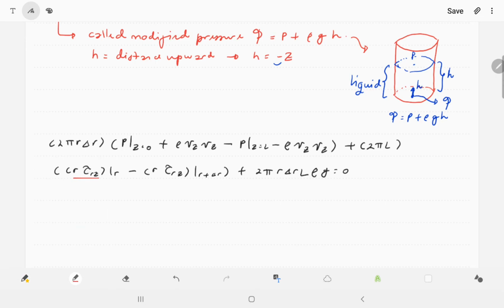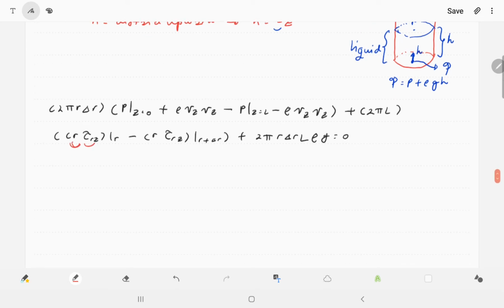Again, we put this r and tau rz together because this tau rz is a function of r. Then 2 pi r delta r, p naught minus rho g multiplied by 0. Because in here, as you can see, this one will be cancelled with this one. And then this one is basically p naught. This one in here is pl.